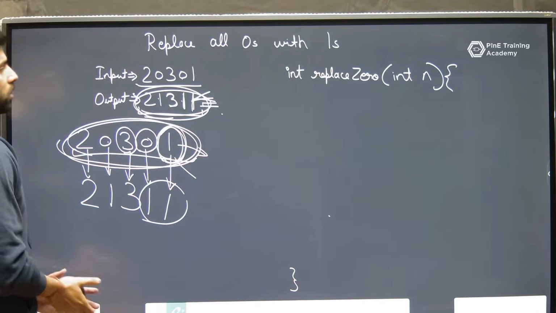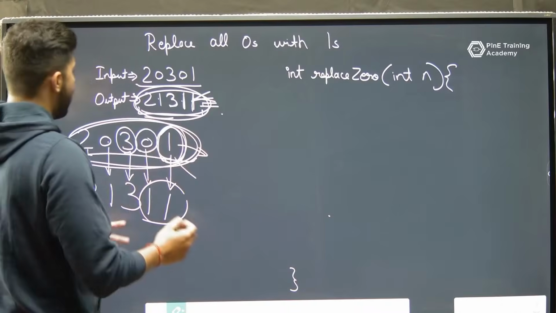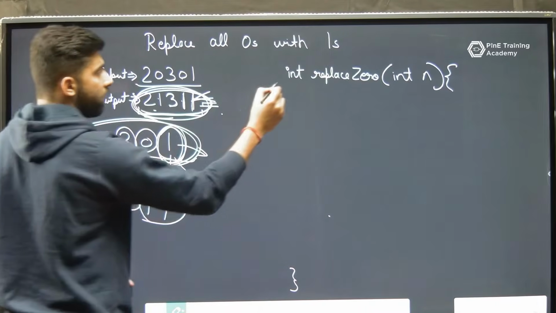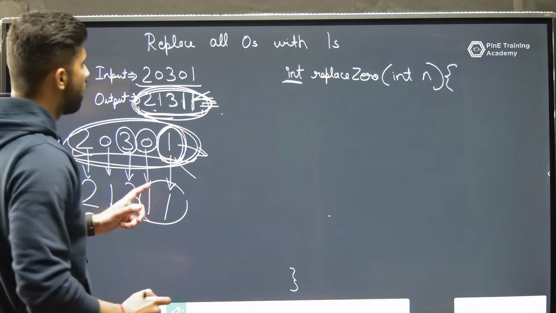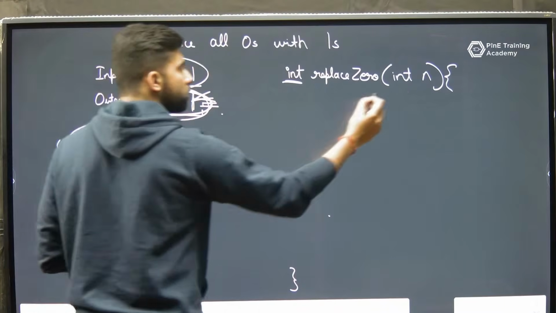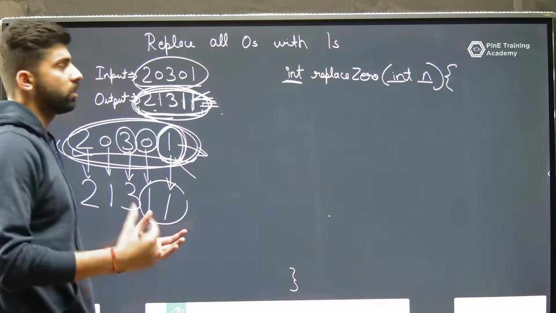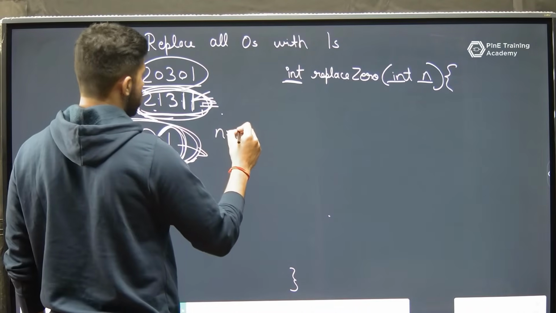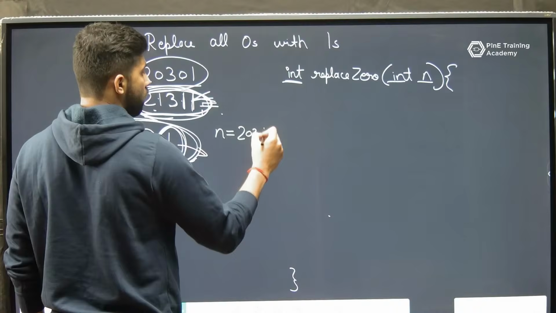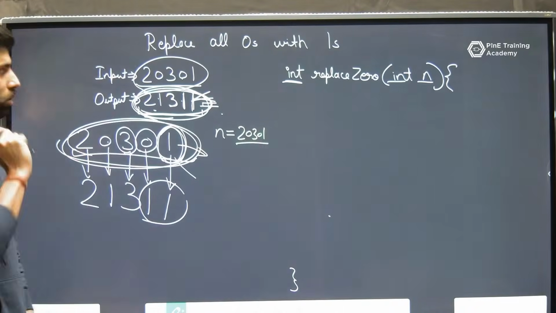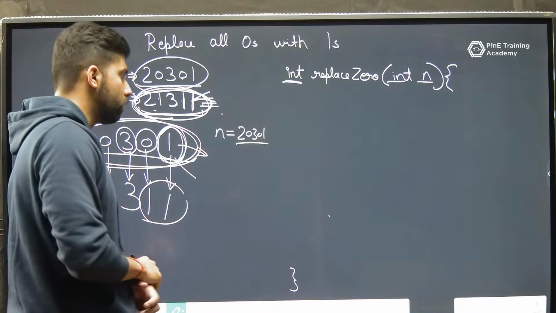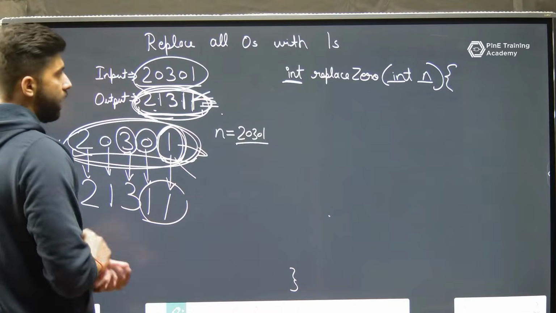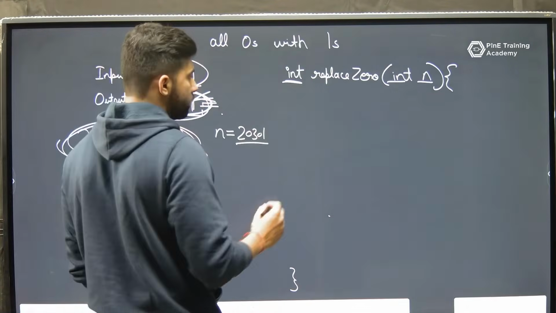Okay, so this is my function signature. I need to return a new number, so I have taken a return type of int. I will be getting a number, so let's assume that number to be n. In this case, we will consider that number to be 20301 to understand our code. And let's start writing the code, right?